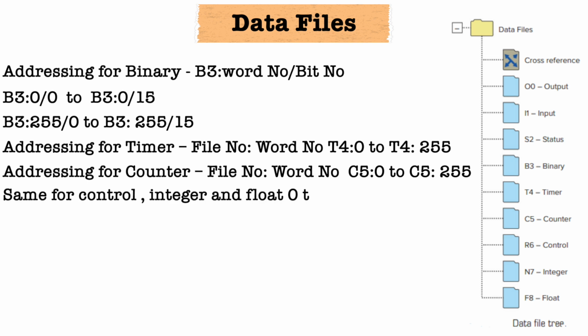The same addressing format is used for the control, integer and float, where the word number varies from 0 to 255, while the designator for the control is R6, for the integer it is N7, and for the float it is F8.